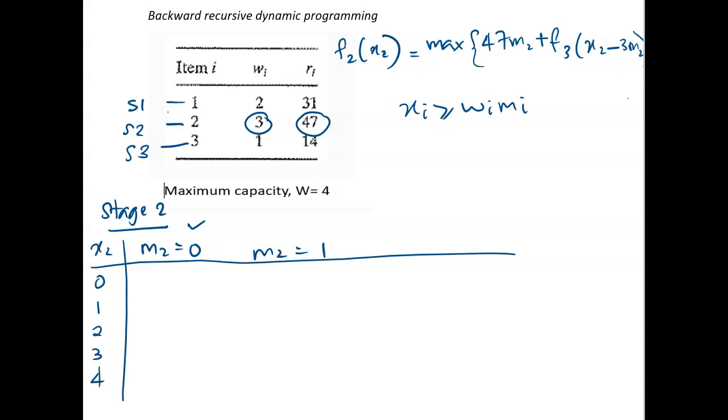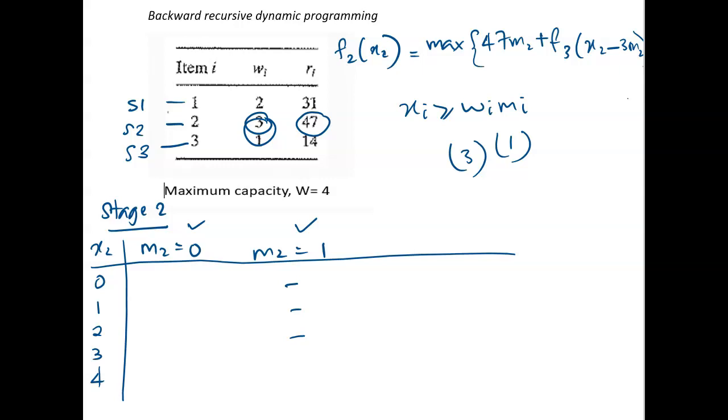But when m2 equals 1, 1 times the weight, which is 3, is 3. So your x should be greater than or equal to 3. In this case, there is no value when x equals 0, 1, and 2. Your calculation will start when x2 equals 3 and then continue with x2 equals 4.